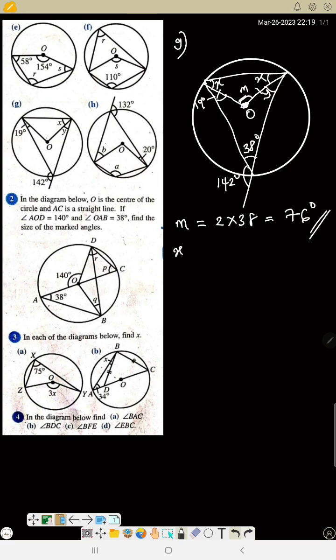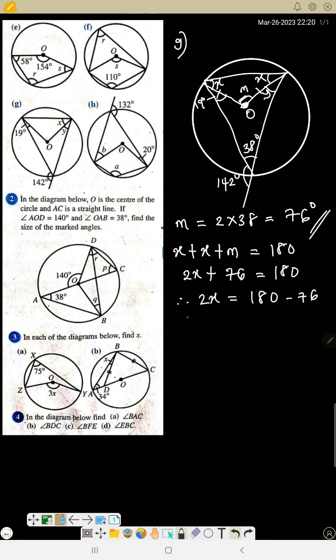So that means x plus M is equal to 180. So that means 2x plus 76 is equal to 180. So 2x is equal to 180 minus 76.